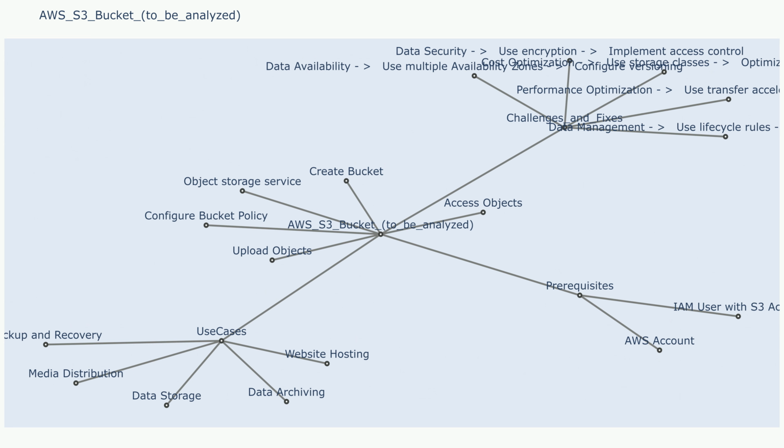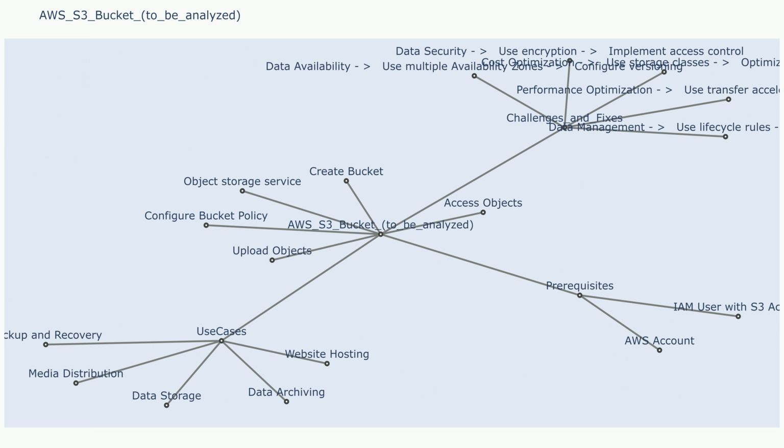S3 enables you to distribute media content efficiently, like videos, audio files, and images, across the globe, which can be useful for streaming services or content delivery networks (CDNs).